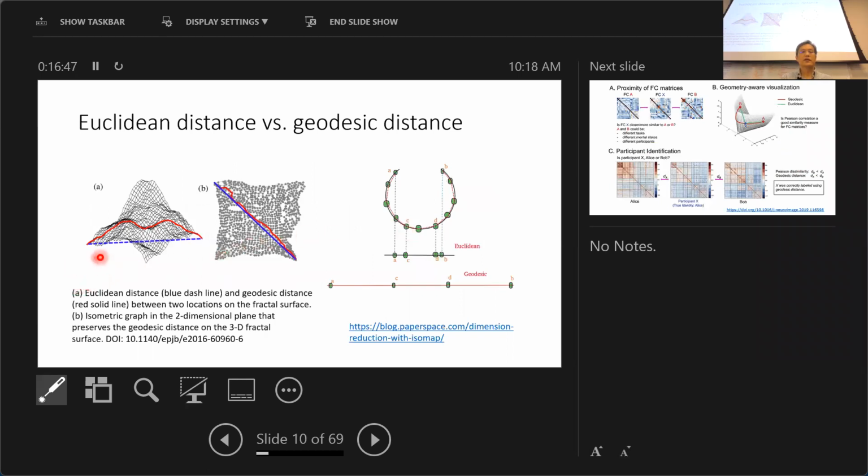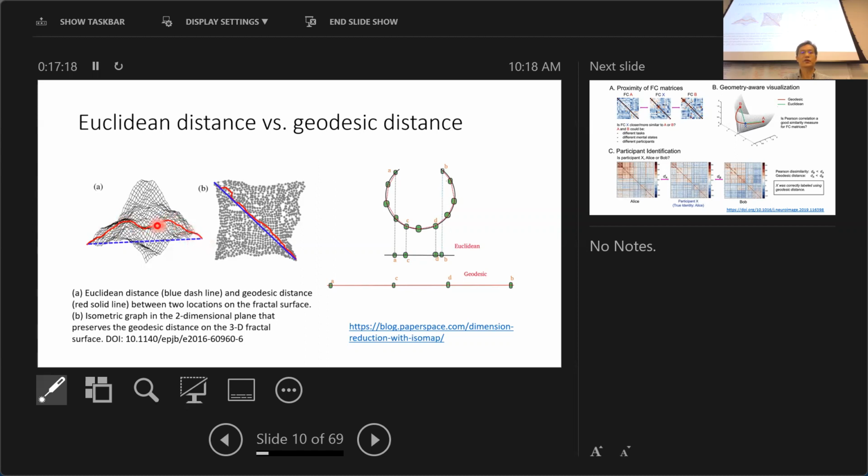So in this small example, I illustrate the difference between Euclidean distance and geodesic distance. In example A, the Euclidean distance between this end and this end is given by this dashed blue line. Geodesic distance, you have to cross all the small hills and the small valleys, another peak, until you reach that.